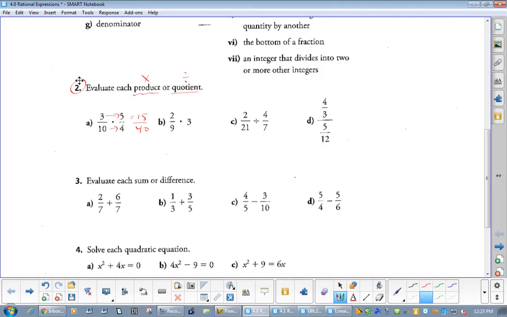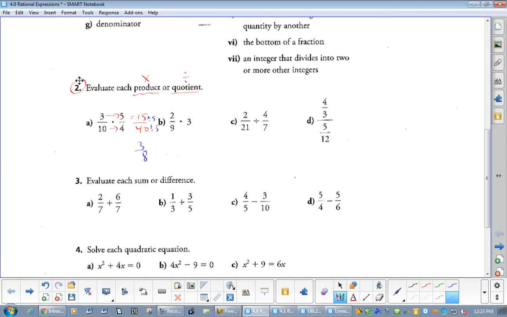Now, we should always reduce. Some students just struggle with reducing at all times. You have to find a number that goes into both. 15 and 40, we can both divide by 5, which would give you 3/8.